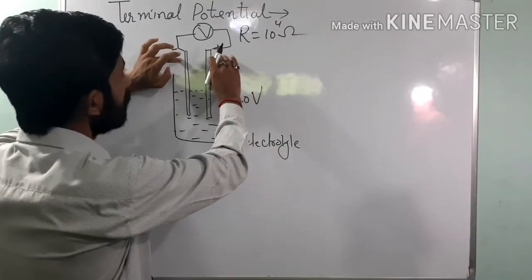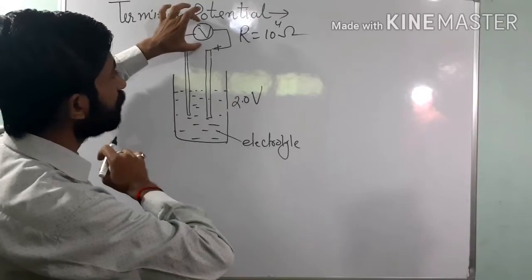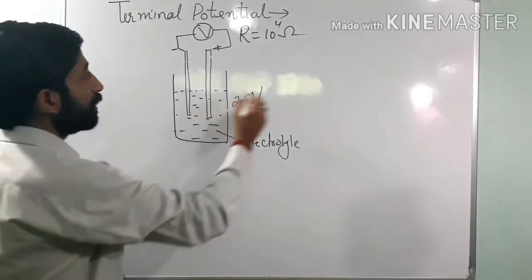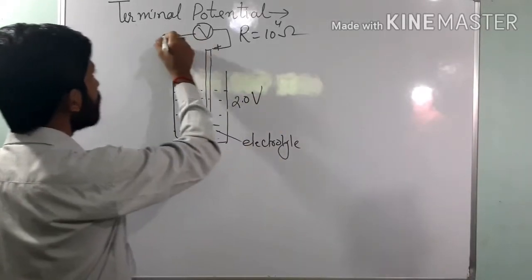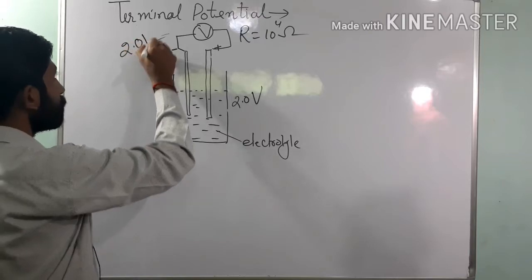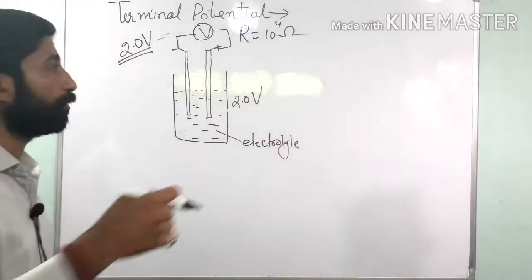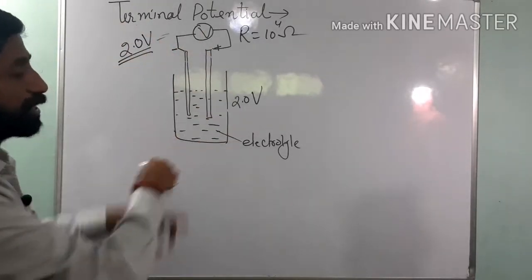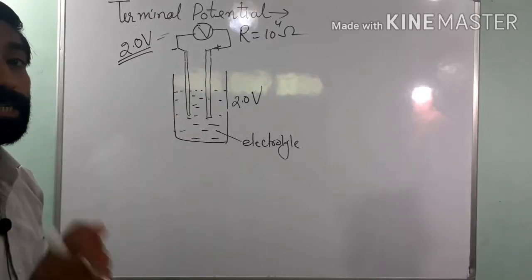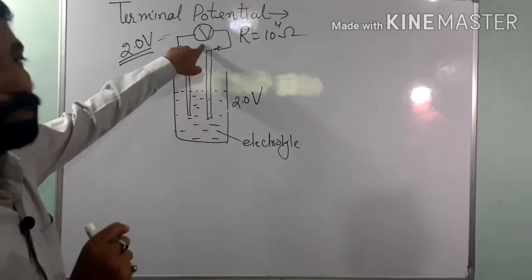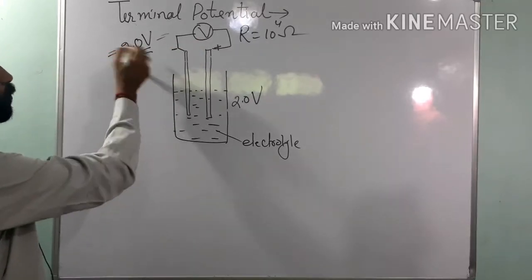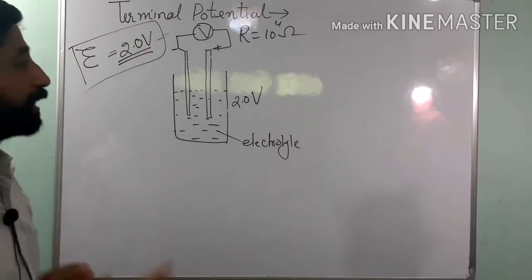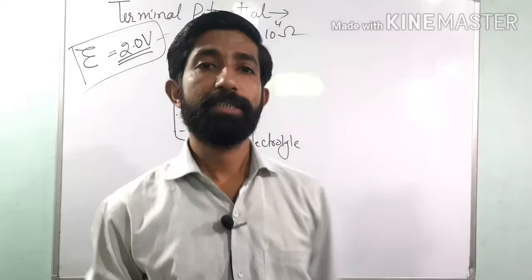Suppose the deflection given by this voltmeter when connected in this way, with no extra resistance, mind that, shows a reading of 2 volt, as I told, say this is a 2 volt cell. Then this 2 volt shown by this voltmeter in this particular condition, mind this, with no external or other device connected except what? A voltmeter. So this 2 volt is known as the EMF of the cell. Okay, this 2 volt is known as the EMF of the cell.